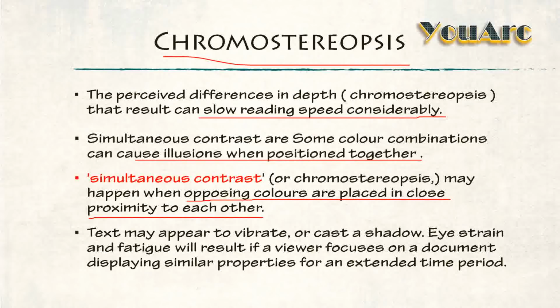Text may appear to vibrate or create an illusion of shadow. It also causes eye strain or fatigue if viewers are viewing a document with similar properties for an extended time period. So this is all about simultaneous contrast or chromostereopsis.